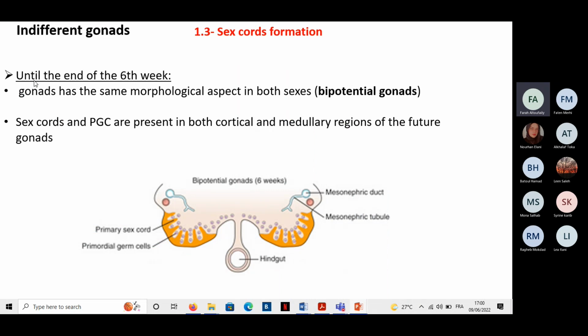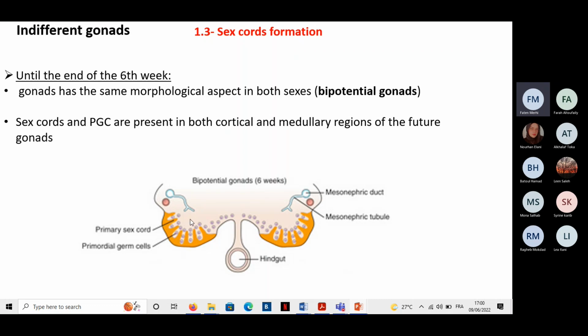Yes, clear. Now, until the end of the 6th week, the gonads have the same morphological aspect in both sexes, as we have said. They have the same morphology and are composed of the same types of cells and tissue.